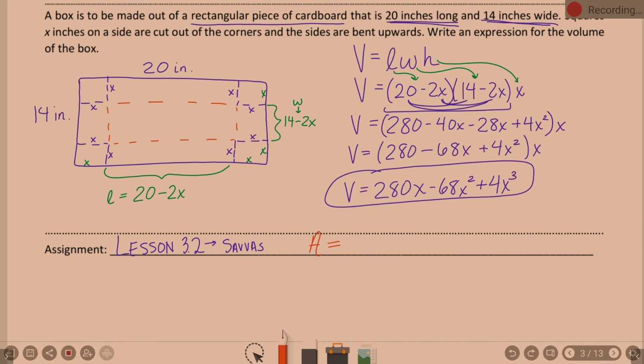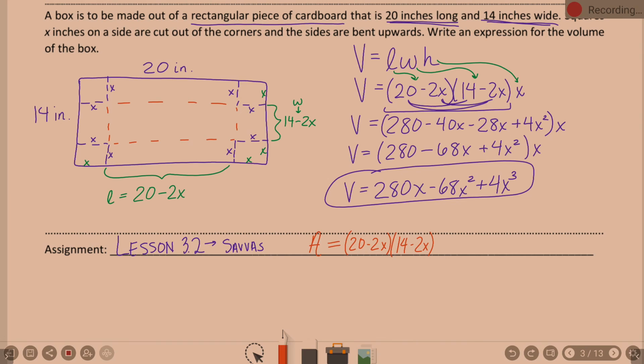It's not 14 times 20 because that's the whole piece, the whole rectangle. What was the length of the base? 20 minus 2x. What's the width of the base? 14 minus 2x. So this base is going to be 20 minus 2x times 14 minus 2x. That's the base right here, yes?